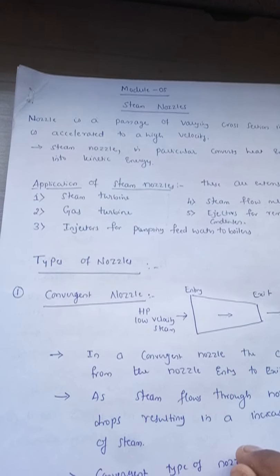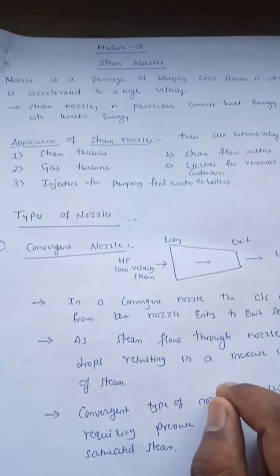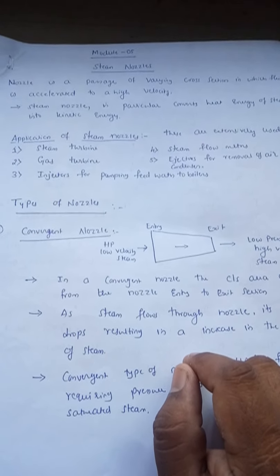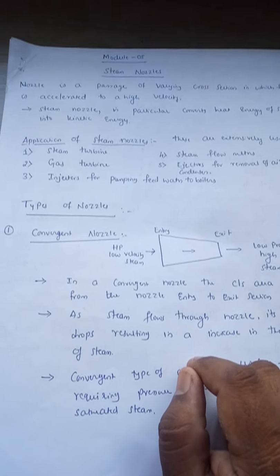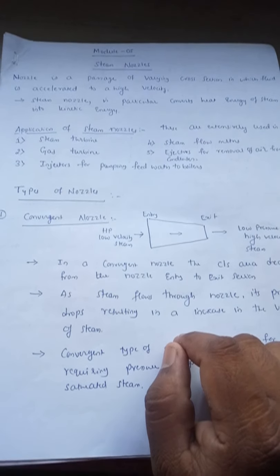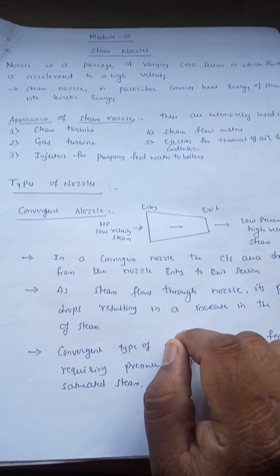Initially, whatever steam we are sending has high pressure, but to impinge on the blades we require high velocity. High velocity means high kinetic energy. So pressure energy needs to be converted into kinetic energy. Which device do we need to use? Then we need to use a nozzle. Here we are studying steam nozzles. A steam nozzle particularly converts heat energy of steam into kinetic energy, right?